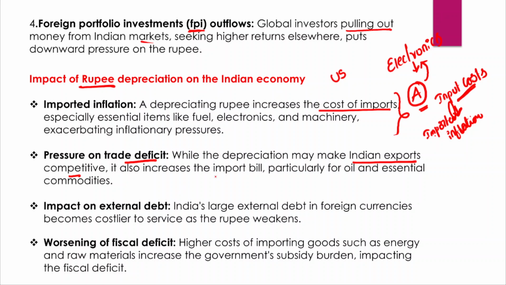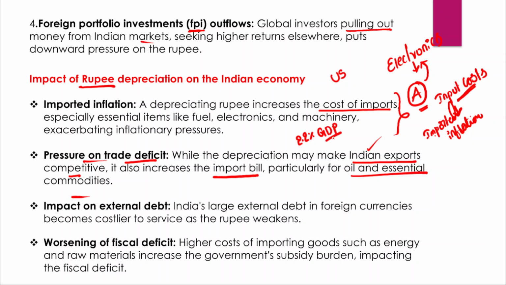But it will also increase the import bill, particularly oil, diesel and other essential commodities. So to some extent it will benefit Indian exports, but even though it benefits Indian exports, we need to pay a higher amount of money to import other essentials, so it would further lead to the widening of the trade deficit. As of now, the trade deficit amounts to 2.2% of India's total GDP.